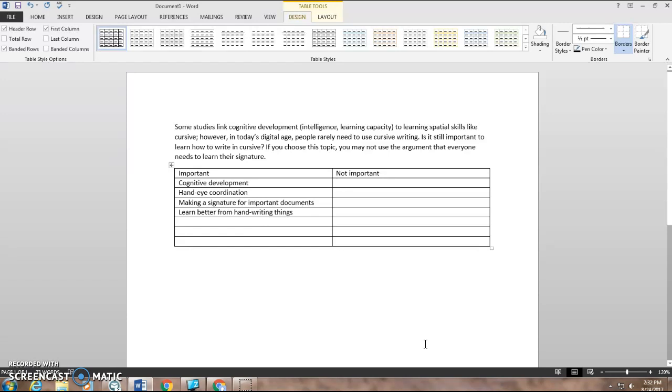And on the not important side, cursive isn't important. There are other more useful ways to stretch the brain.